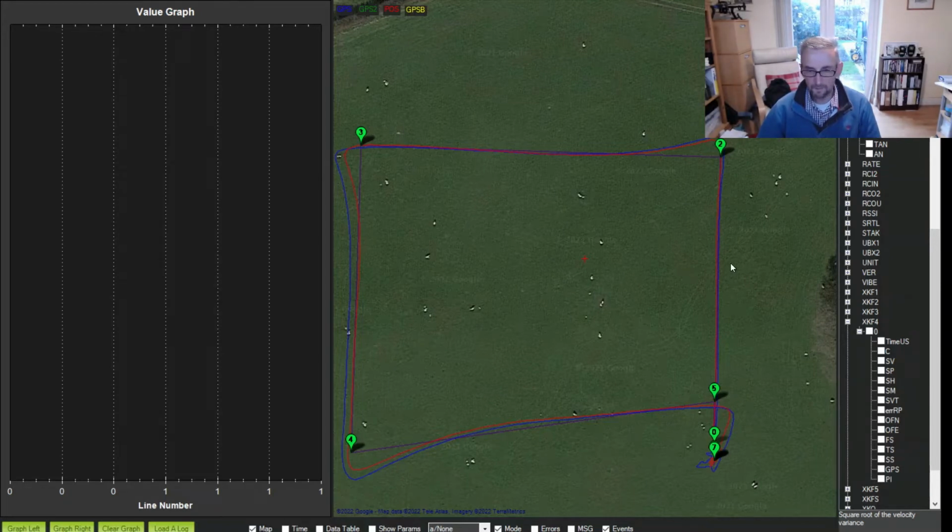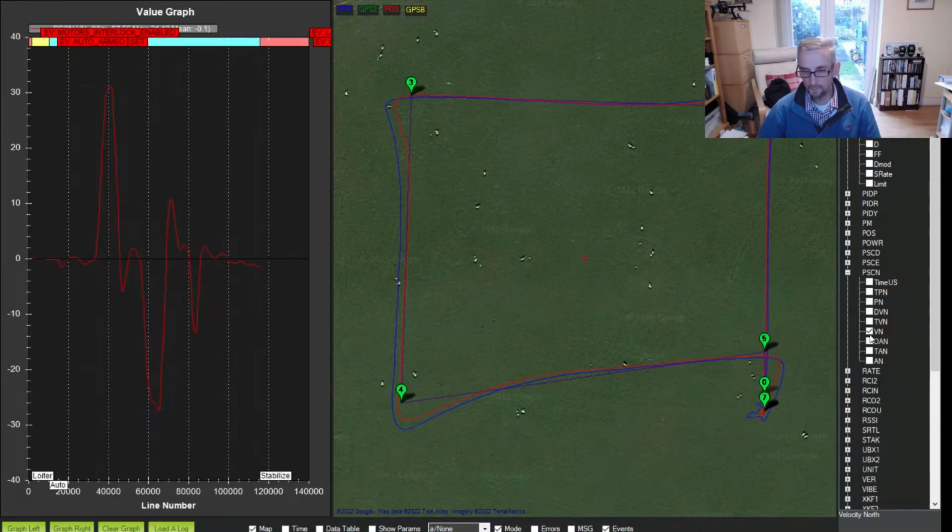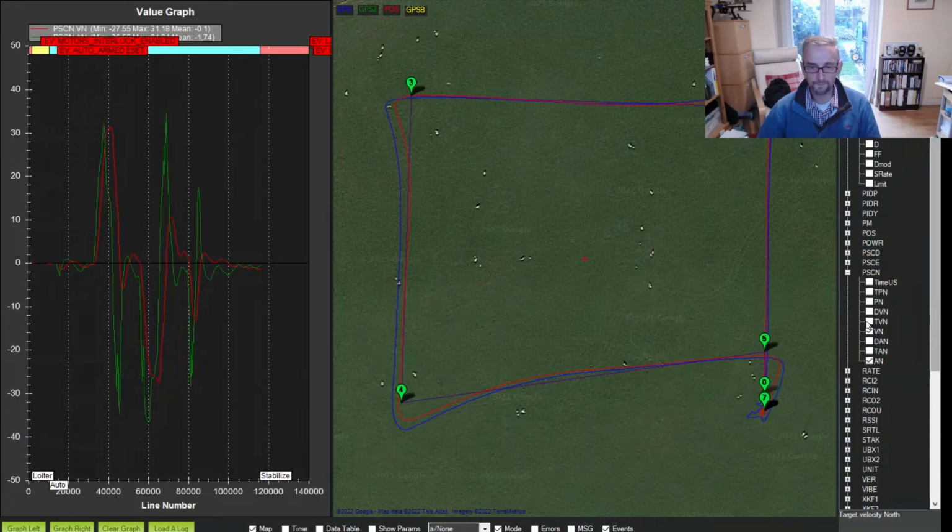One of the things to look at, so let's have a look at acceleration first and velocity. So back to the position controller logging, in the north direction. So we've got north velocity and north acceleration.